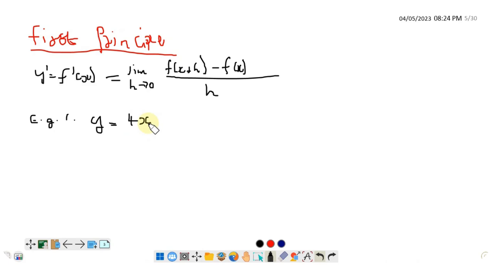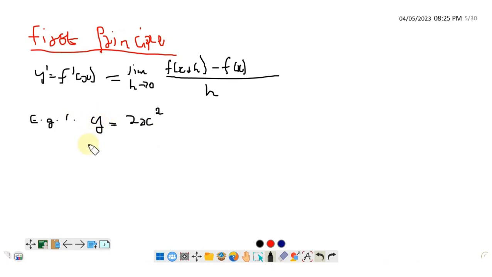Let's say they give us this, or maybe let's do it like this. Okay, fine. Instead of 4x squared, let's say 2x squared. I want to show you something. Let's say y is equal to 2x squared. Okay, there we go. So they give us this, right? And they say derive this using first principle.